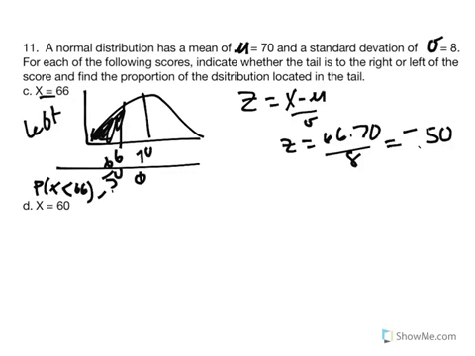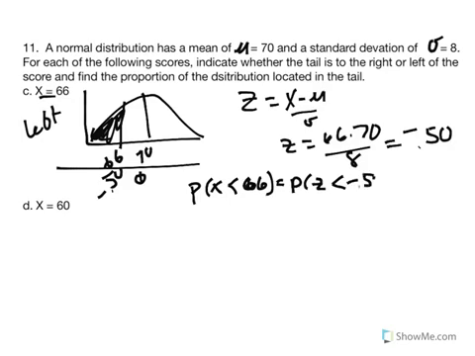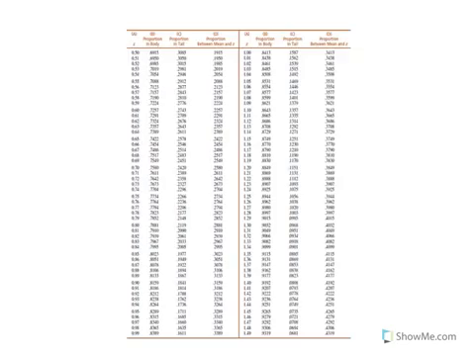I'm actually going to move it over here since I have more room to the right. So let's rewrite that. It's the probability of obtaining an x value that is less than 66, a whole number, which is now the same as the probability of a z value less than negative 0.50. We're going to utilize our unit normal table.